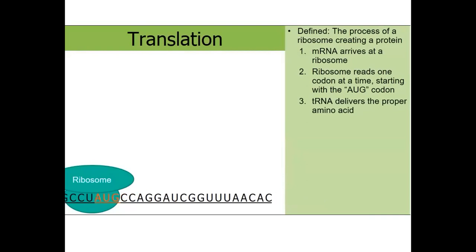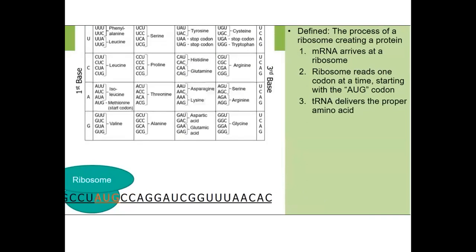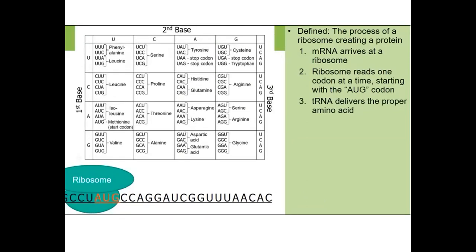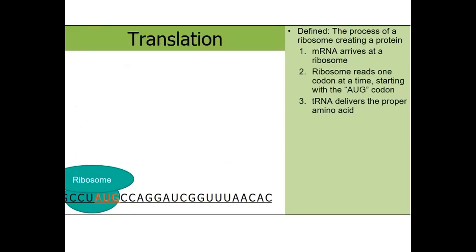And then transfer RNA will deliver the proper amino acid. And we use this chart right here to figure out what's the proper amino acid. We look up AUG on the chart. Yes, it's a start codon, but also, notice to the right of AUG is the word methionine. Transfer RNA should deliver methionine.